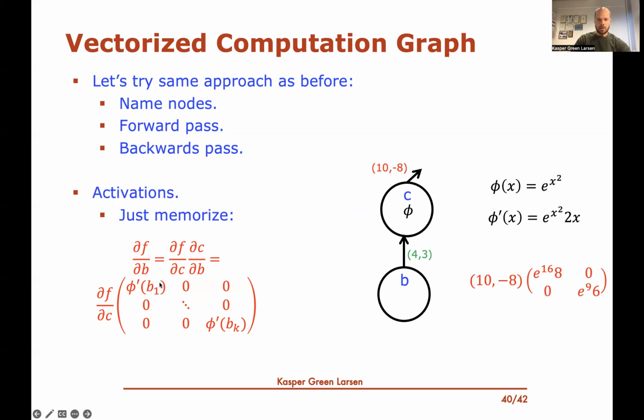So we have to plug in b1, that's a 4. We have to plug it into this expression. So we get e to the 16 times 8. And the second diagonal entry, we plug in 3. So we get e to the 9 times 6. So this is the matrix that we have to multiply onto 10, minus 8. And if we do that, we get something like 80 e to the 16 minus 48 e to the 9. Okay, so that's the rule to remember here.